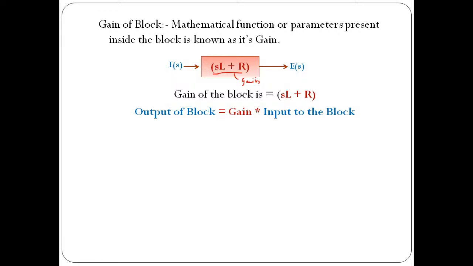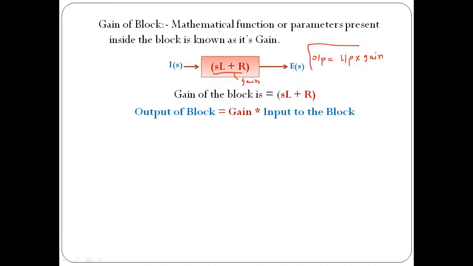And then we find the relationship between output and input. It is simply the product: output is equal to input times the gain of the system.